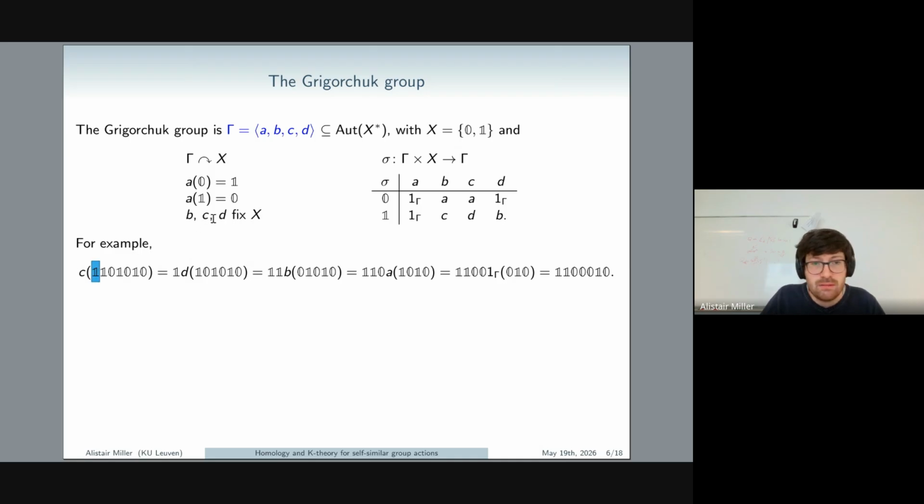First you act on 1: C fixes 1, you push past 1 to become D, D also fixes 1, becomes B, B fixes 0, becomes A. Now A swaps the 1 to a 0, and it becomes the identity, which then doesn't do anything for the rest of the word. So this is what this generator does to this word. And you can do this with any generator, with any word.